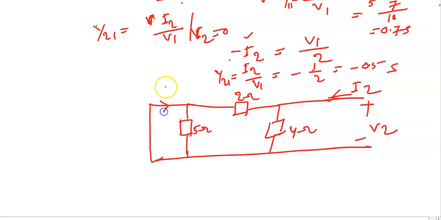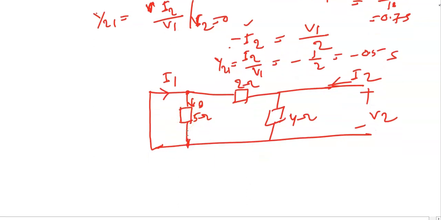So this is obviously, as per the convention, I1. No current flows; this current will be 0, obviously, when the potential difference between the 2 points is 0. So no current flows through this 5 ohm resistor. So what are the parameters we need to calculate?